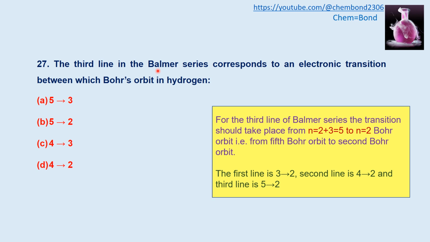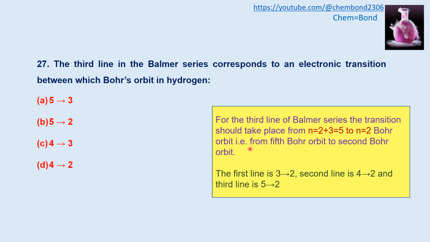Here the third line is required, so we add 3 plus 2, because the lowest level is 2. So 2 plus 3 produces 5, which means that from the fifth orbit the electron will jump to the second orbit. The third line will be produced.